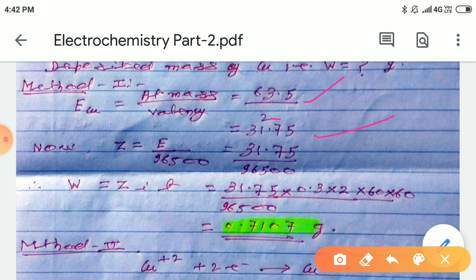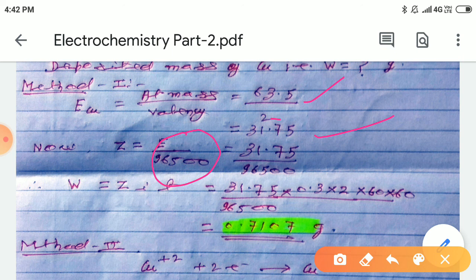Now the electrochemical equivalent, Z, is equal to E upon 96,500, so 31.75 upon 96,500. Now W is equal to ZIT. Here the Z value we calculated, I is given as 0.3 ampere, and time is given also, that is 2 hours.